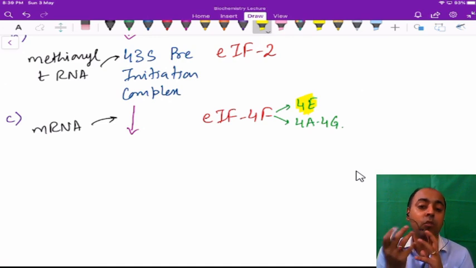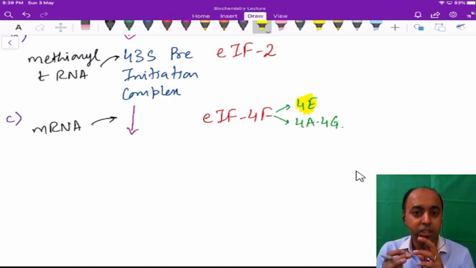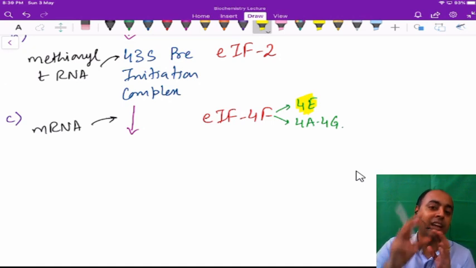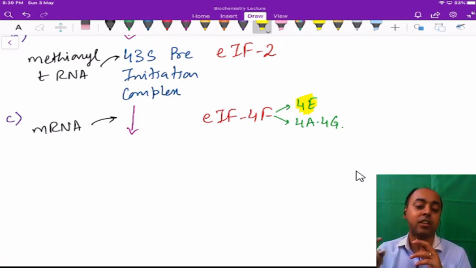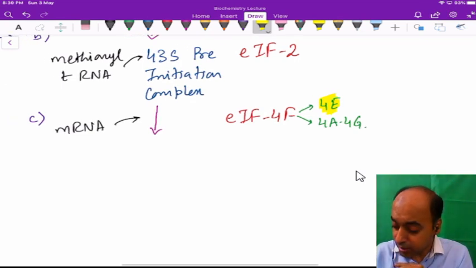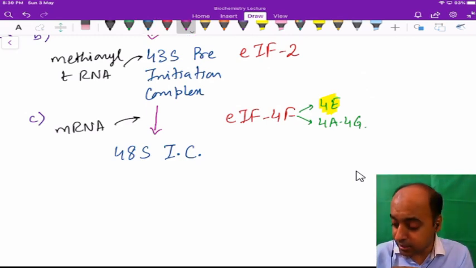This we had discussed when talking about the post-transcriptional modification of the messenger RNA, where the 7-methylguanosine cap was getting attached. There we had mentioned the 4E subunit will identify the messenger RNA via the cap during the translation. So this is where it is happening. It will identify the cap of messenger RNA and bring it in for the translation, resulting in formation of the 48S initiation complex.